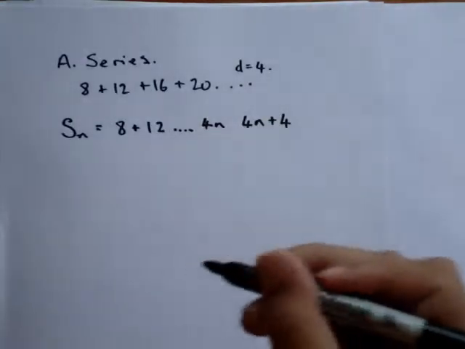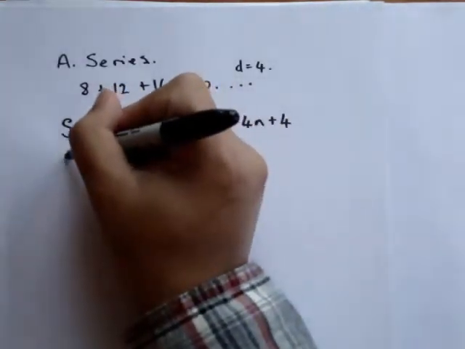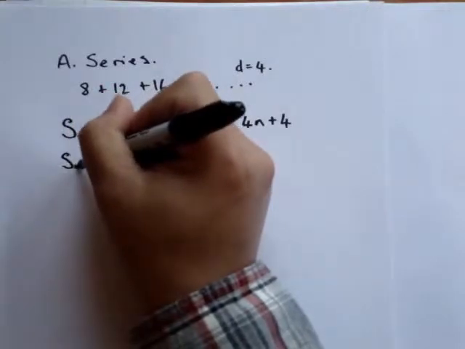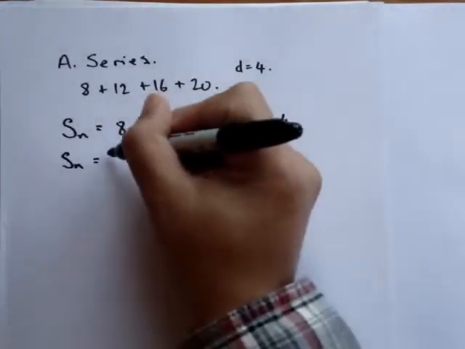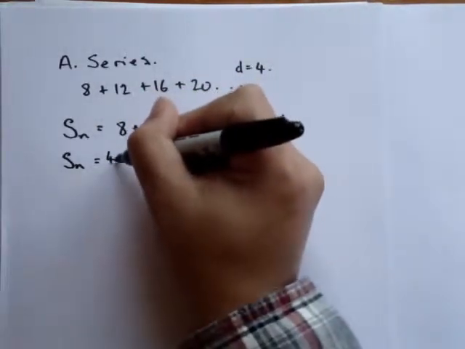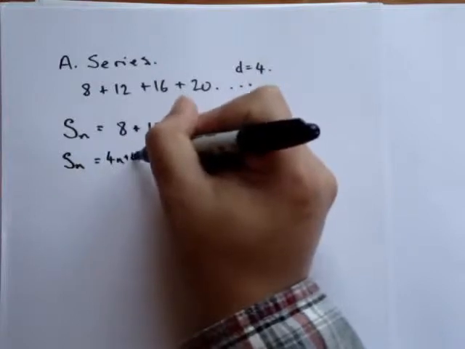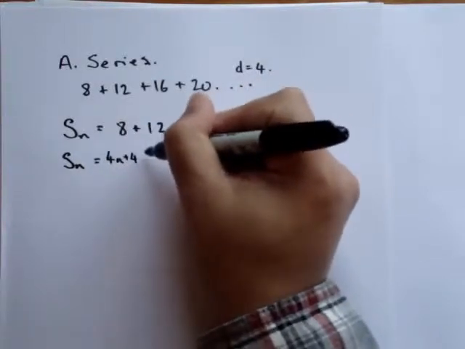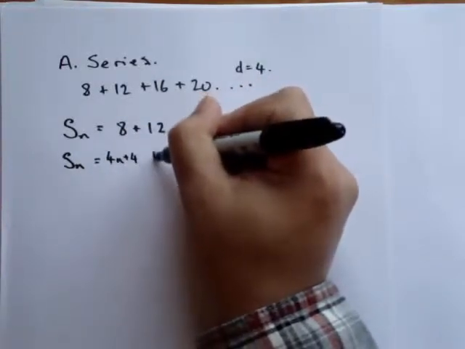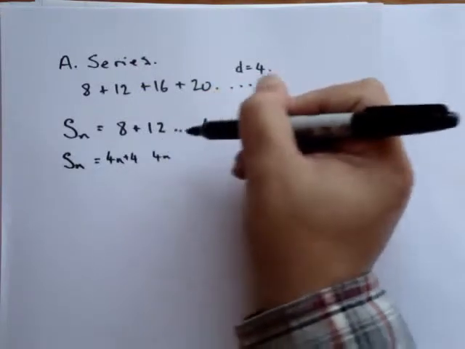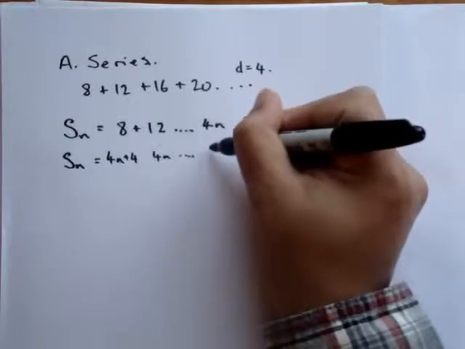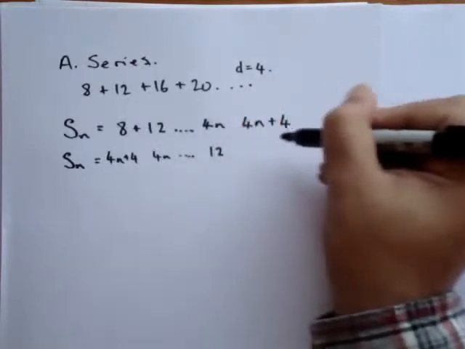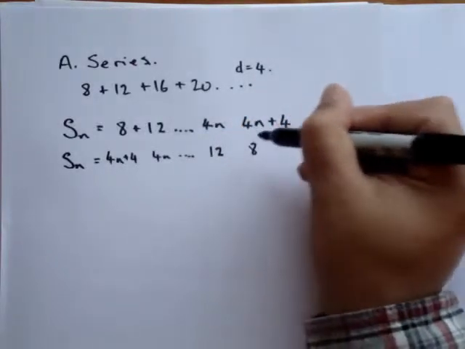Now if we do this sum of terms again, but we reverse the order underneath, so this one would be 4n plus 4, underneath here would be 4n, and then carry on, and underneath here would be 12, and under here would be 8.